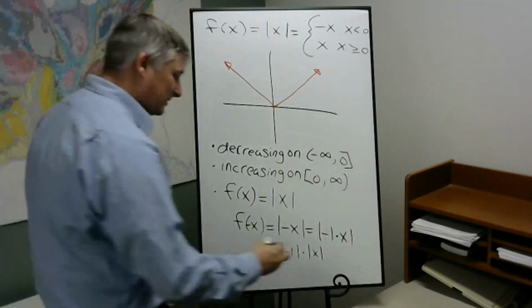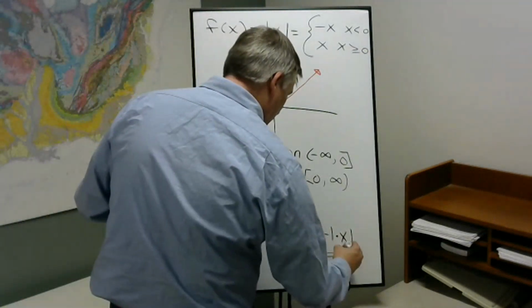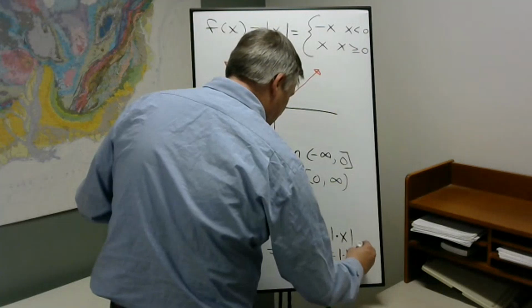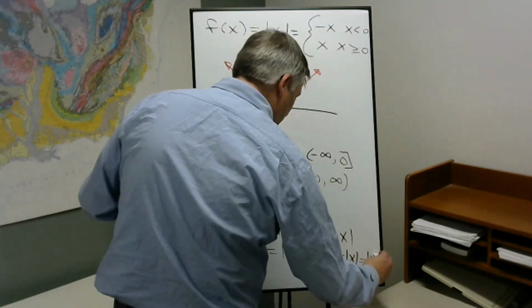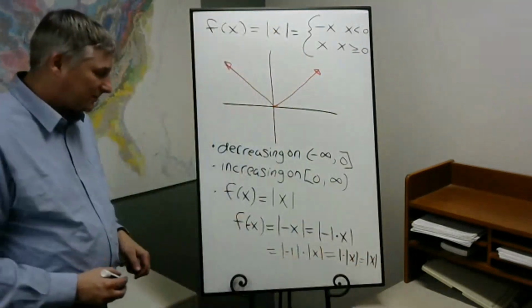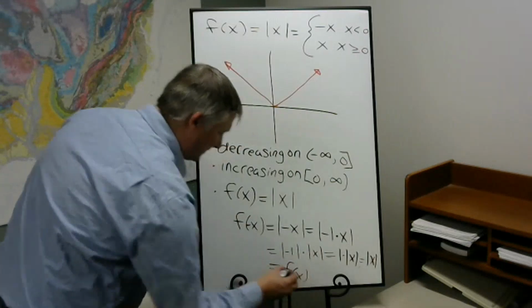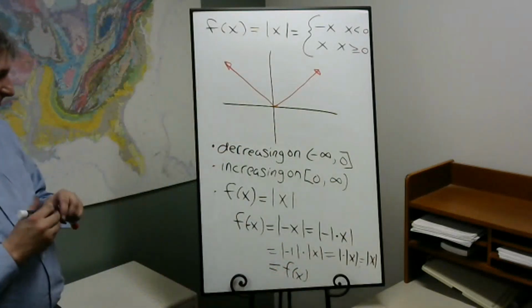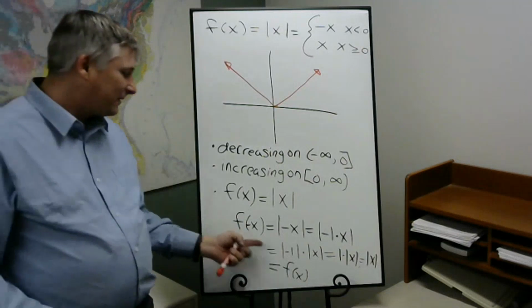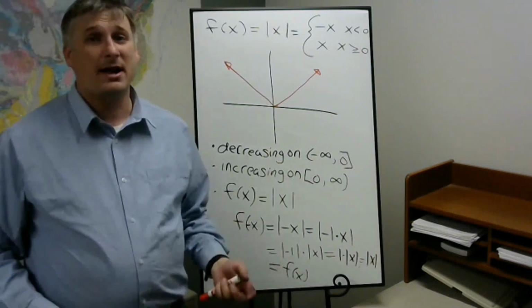And then finally, that's just going to leave you 1 times the absolute value of x, or the absolute value of x, which is f of x. So what we have here is symmetry across the y-axis.